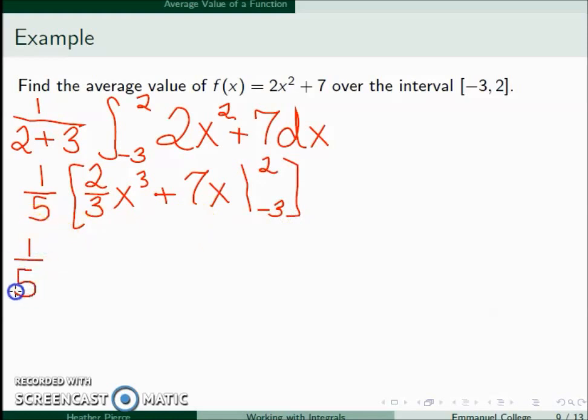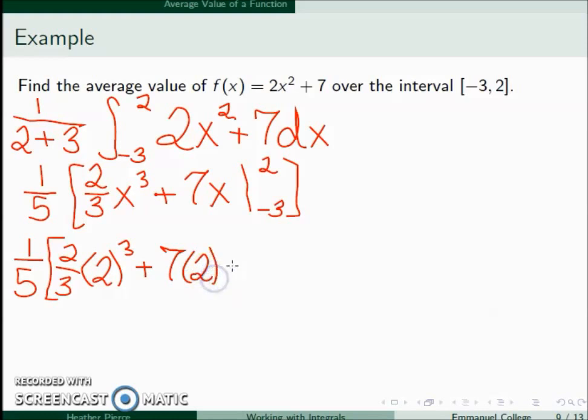Evaluating this gives 1/5 times 2 over 3 times 2 cubed plus 7 times 2, minus 2 over 3 times negative 3 cubed plus 7 times negative 3.